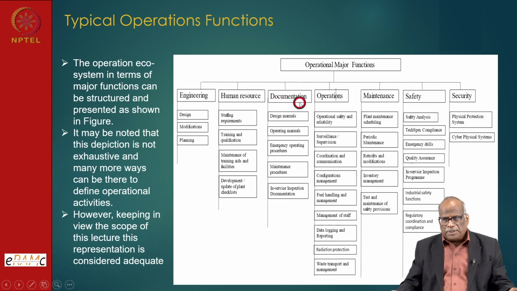So operation is at the core of the operation-managed ecosystem, but there are supporting systems which interface with the operation, but they have their own identity also, like engineering, design, modification, and planning.